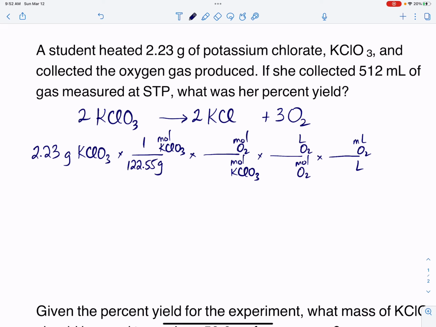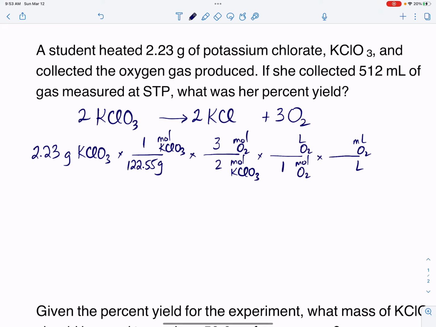And then from the balanced equation coefficients, we can see that 3 moles of oxygen are produced when 2 moles of potassium chlorate decompose. We mentioned earlier that at STP, a mole of any gas, in this case oxygen gas, has a volume of 22.4 liters. And then a conversion everybody should know is that there's 1,000 milliliters in a liter.